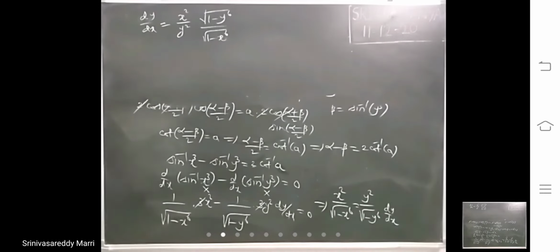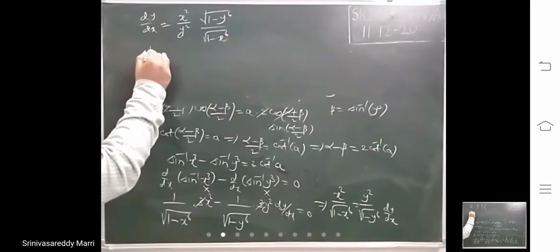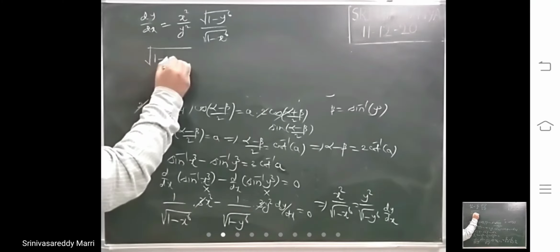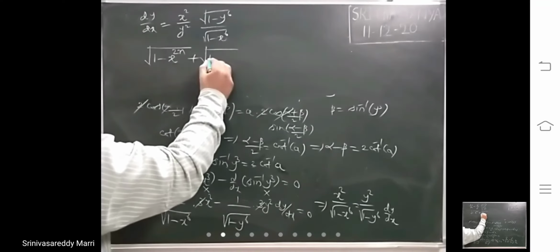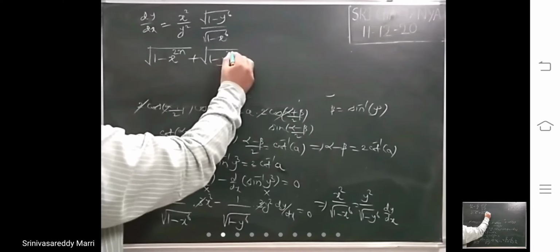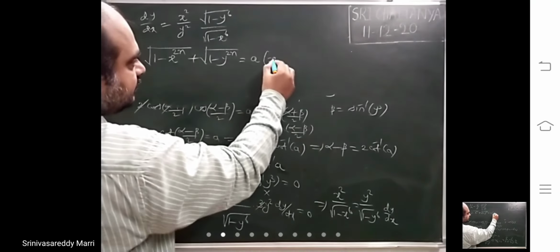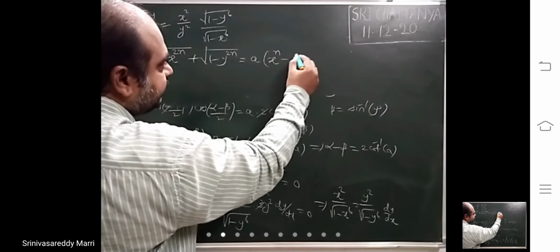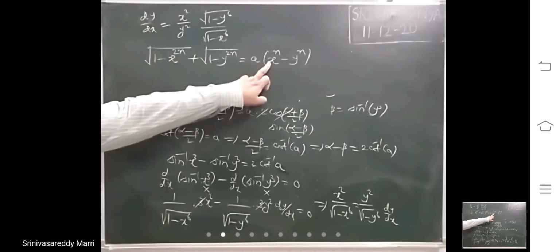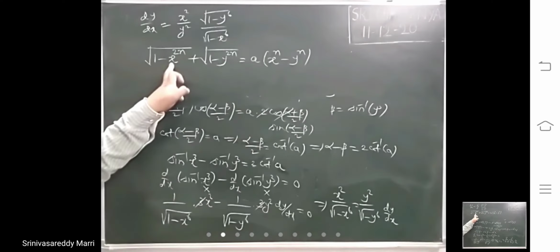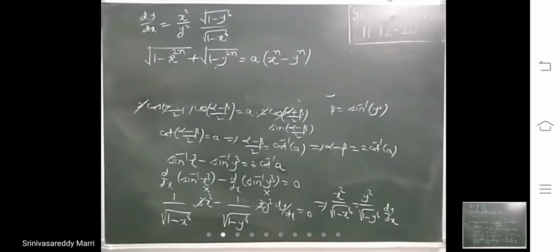Suppose the expression is given like this: root of 1 minus x to the power 2n plus root of 1 minus y to the power 2n equals some constant, any constant, times x to the power n minus y to the power n. Look, here x cube and y cube are there, and here x power 6. Here it is x power n, y power n, x power 2n, y to the power 2n.